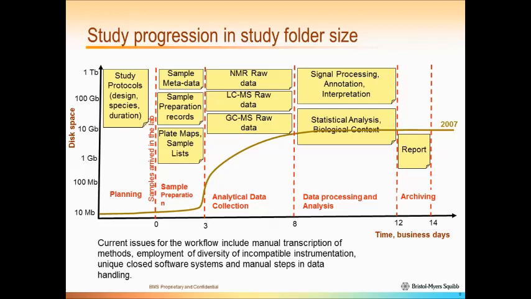Sample preparation protocols are usually some sort of Excel files, which are not really big. It gets an exponential growth from day 3 to day 8, and there is a contribution from sample pre-processing there. And it plateaus because sample interpretation doesn't add much. It's just reformatting what you already detected during your processing and putting it into content.